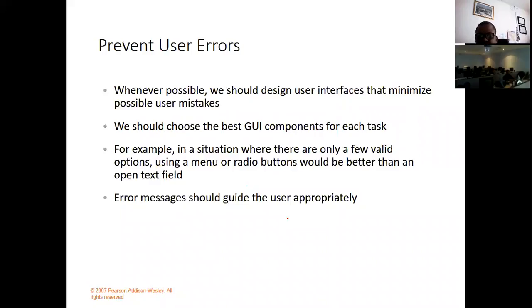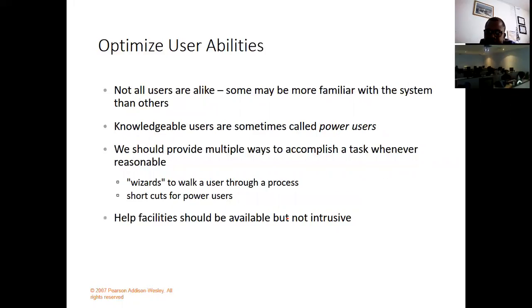In that case, you're sure that the user will not make the mistake of typing in a country that doesn't exist. All right? Now, in the case where we cannot curtail the input and help the user any further, appropriate messages should be provided when something is not being done properly or there's an error. All right?